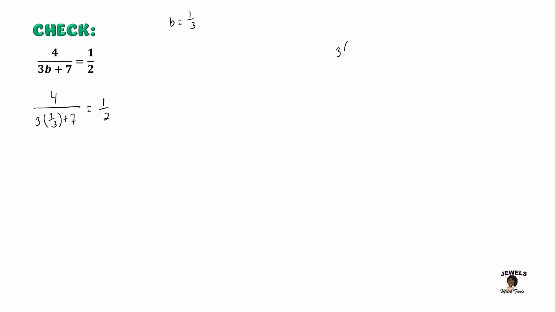So we have 3 times 1/3 in parentheses, being added to 7, applying our simplifying fraction rule. So 3 will divide to itself once, 3 will divide to itself once. 1 times 1 is 1, and 1 plus 7 will equal 8. So we have 4/8 equal to 1/2.